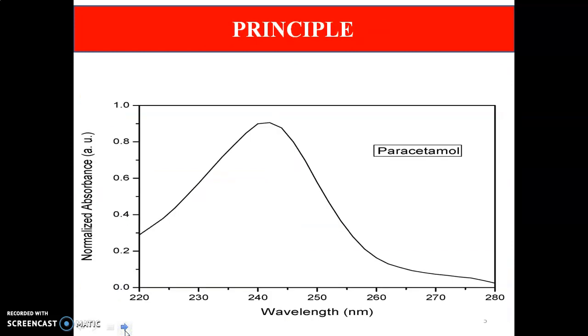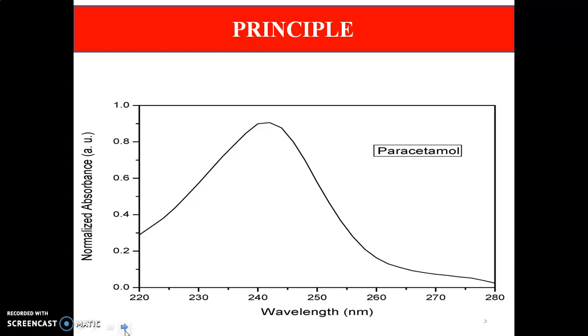Now we have to see the principle involved in the determination of lambda max by using a UV spectrophotometer. First of all, we should know the meaning of wavelength and maximum wavelength.